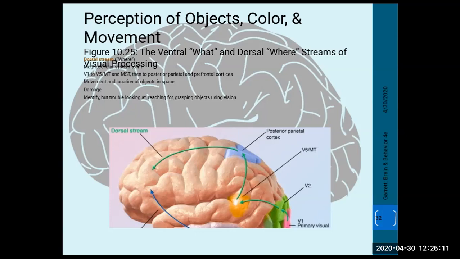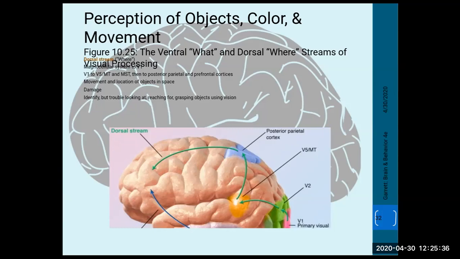So knowing where we are relative to our environment and knowing where we are relative to an object, such as a car coming towards you, or again, handing Dr. C a pencil. So V1 to V5, and then to the posterior parietal lobe, which not only tells us where we are in space, but tells us where this object is relative to where we are.